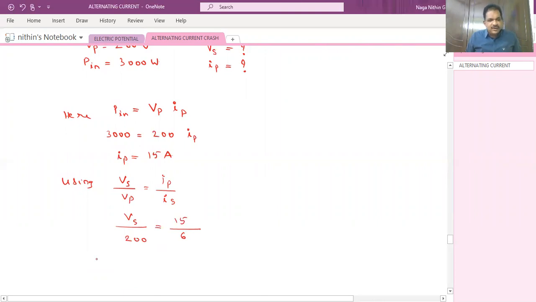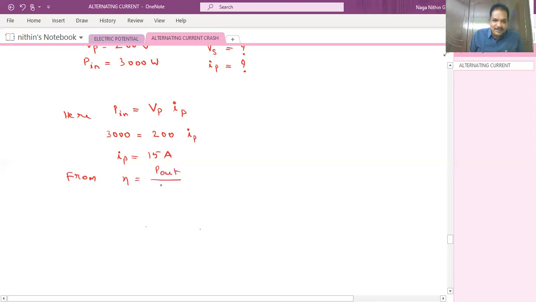Okay. Here efficiency is not perfect, it is not ideal. Ideal only we will get like this. From eta is equal to P out by P in, 0.9 is P out by P in, and here only we will substitute.